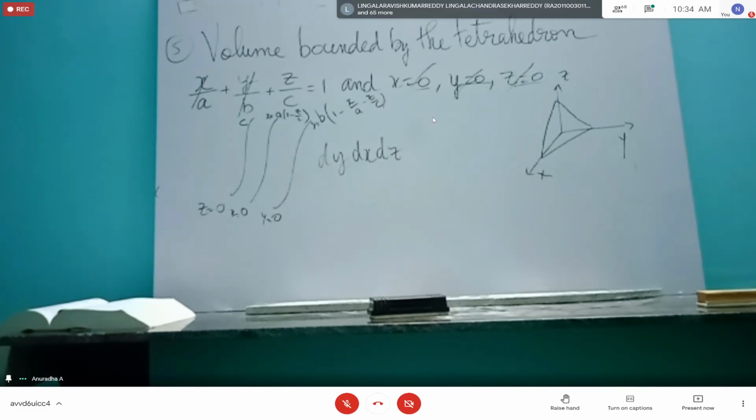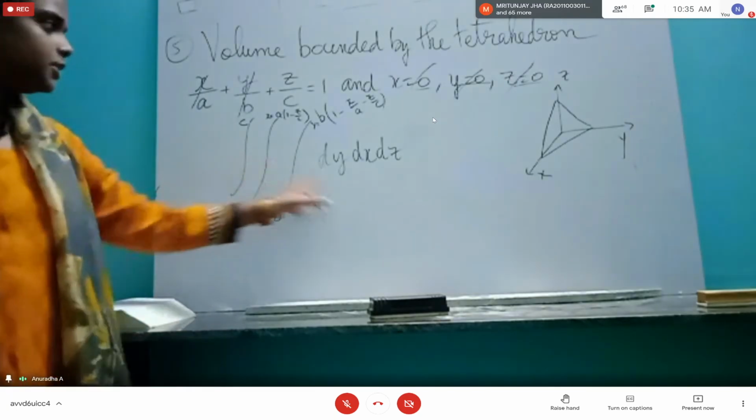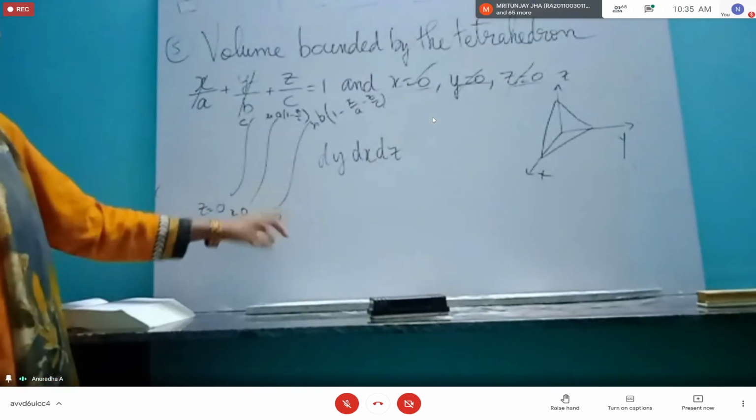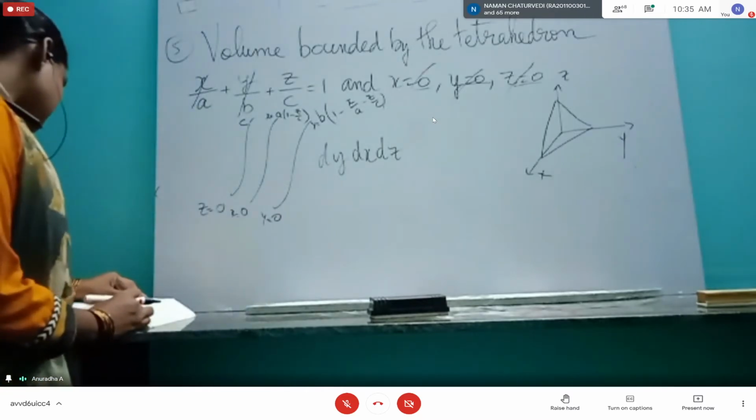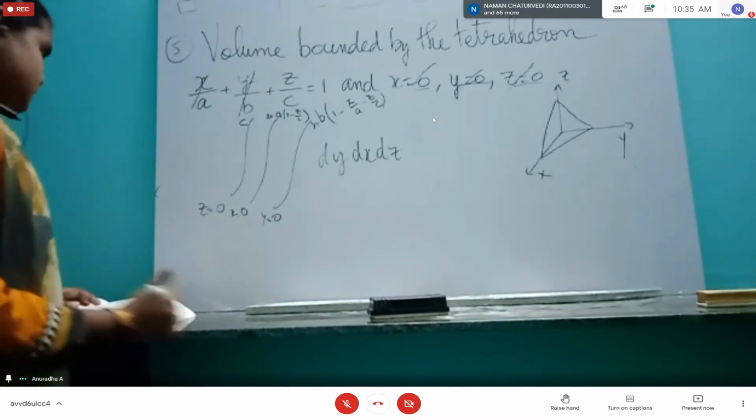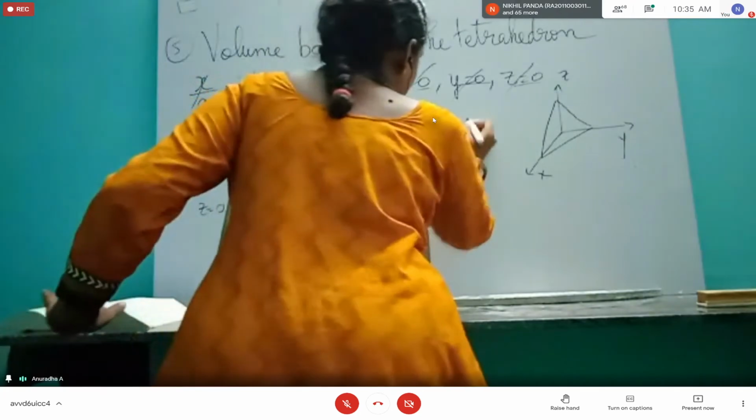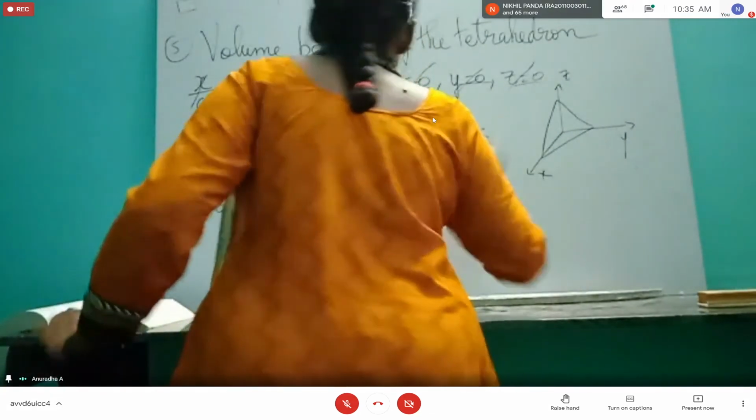Understood? So only from the given curves we are writing the equations. The integration part you are going to work out. Please try. The answer is abc by 6.